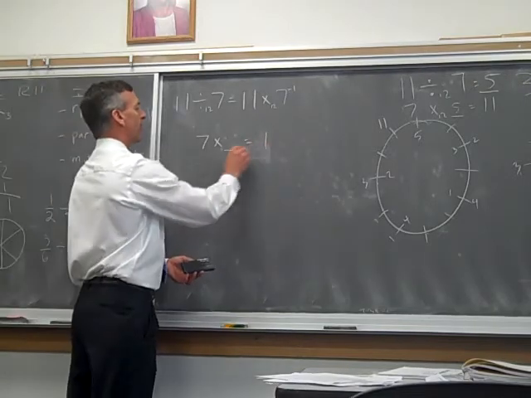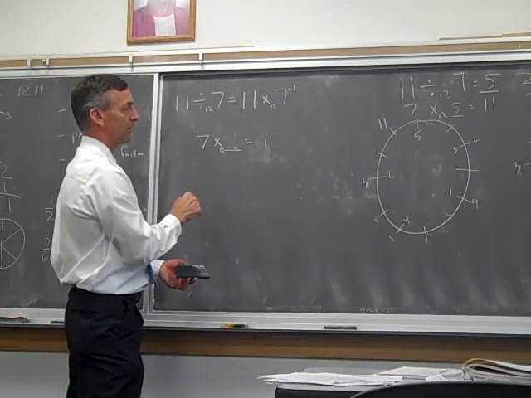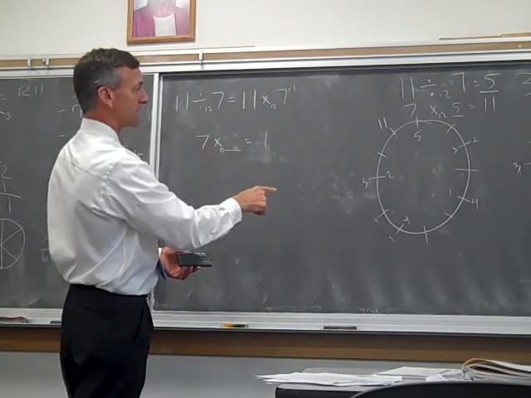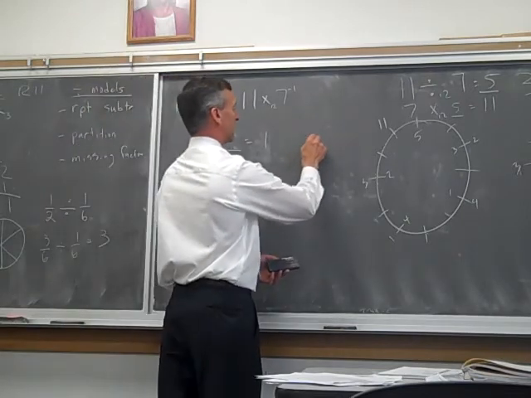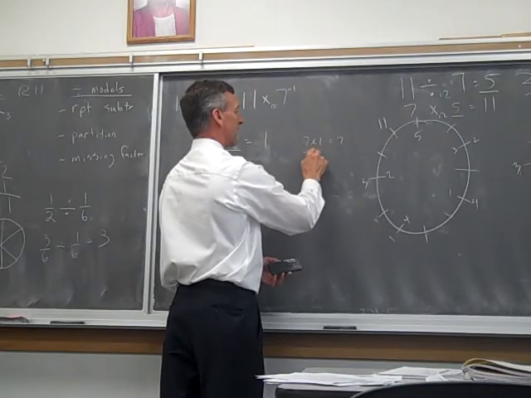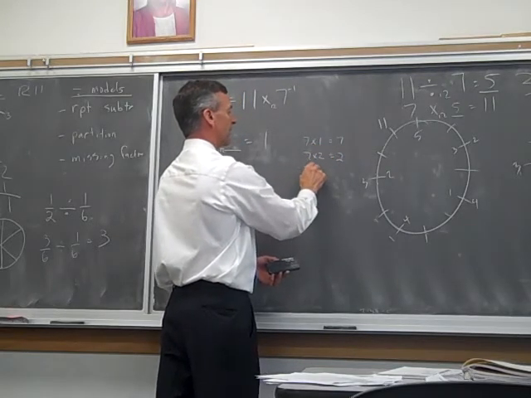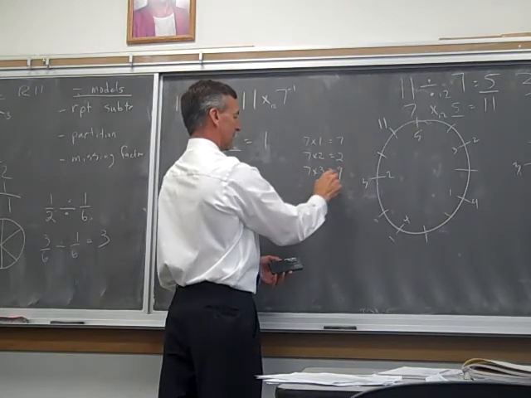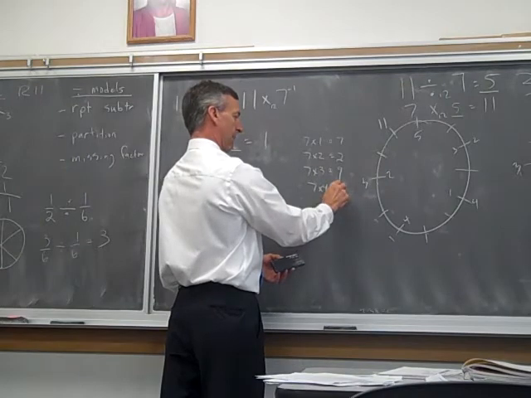So we're looking for, what would I multiply 7 by in clock 12 to get 1? Let's see, did I erase? I did. We had 7 times 1 was 7. 7 times 2 was 2. 7 times 3 was 9. 7 times 4 was 4.